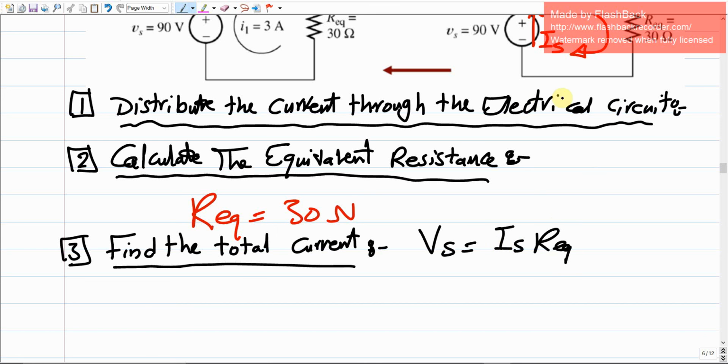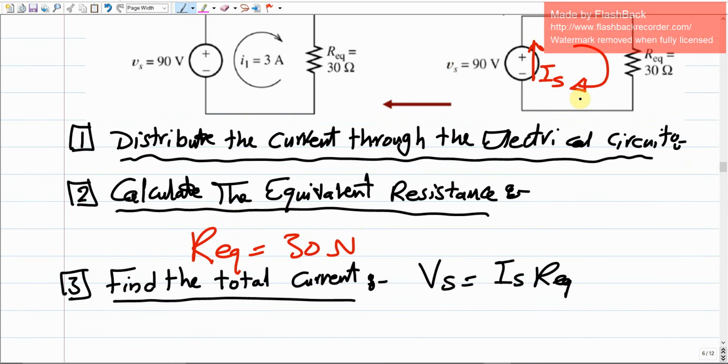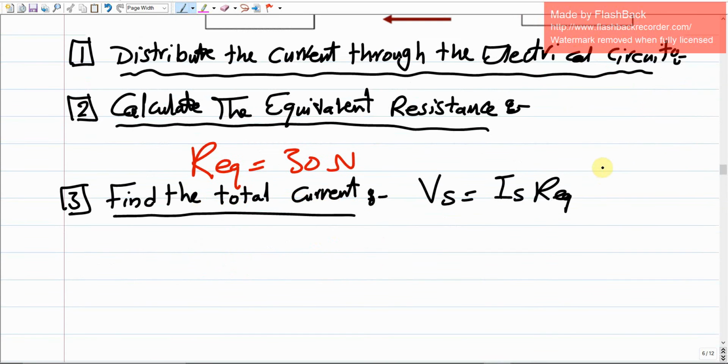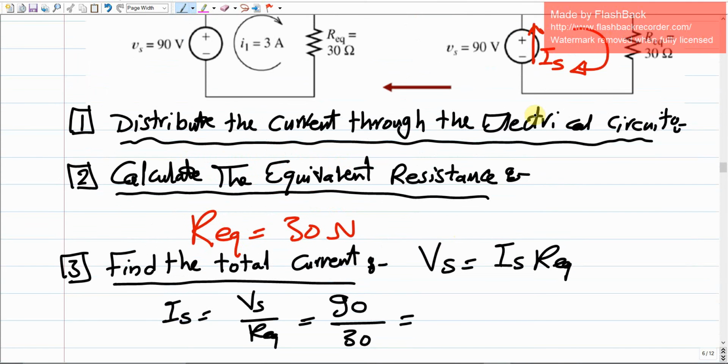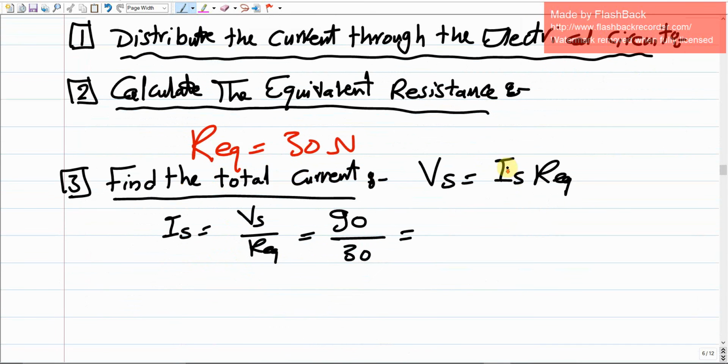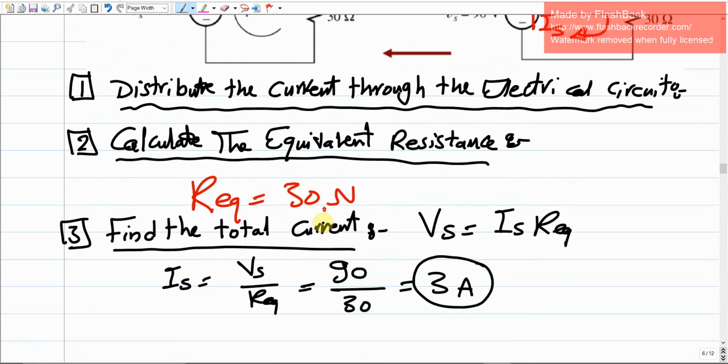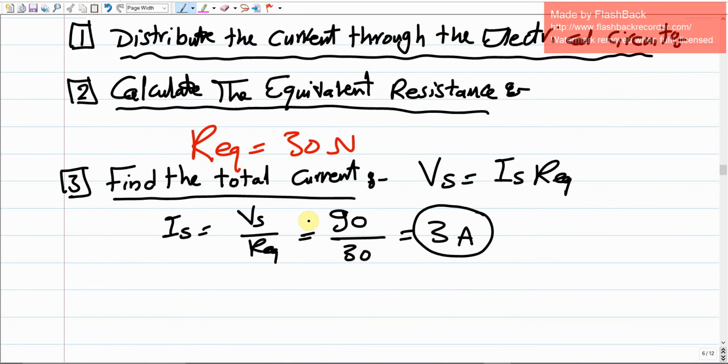We said that for any simplified circuit it is going to be this relation. So automatically IS should be VS divided by R equivalent. VS, which is 90 volts, divided by 30 ohms, which is R equivalent that we just calculated above. So we're going to end up with 3 amperes as the current source. This is the total current, and this is going to be the third step.